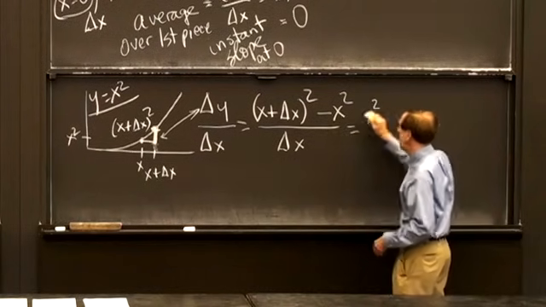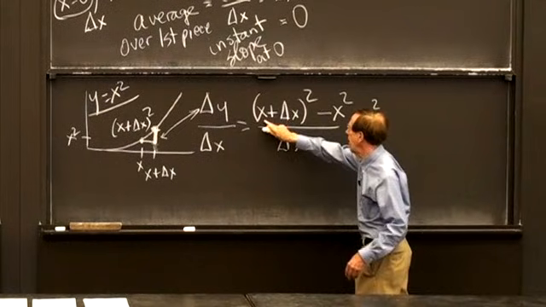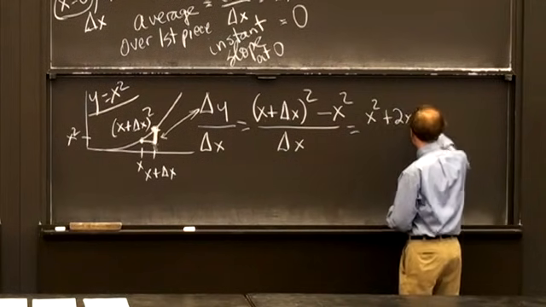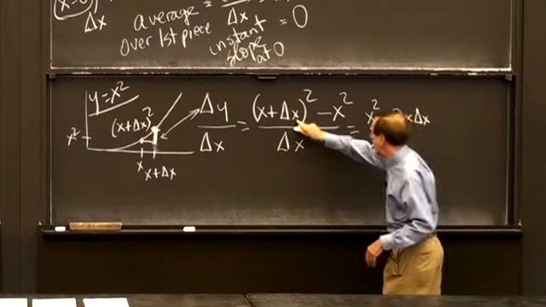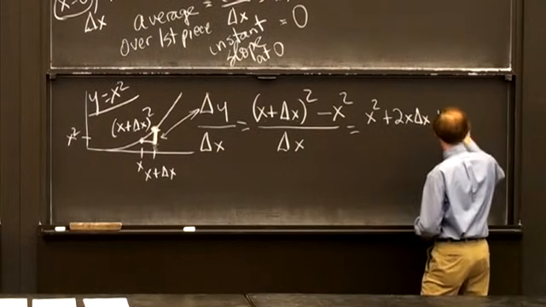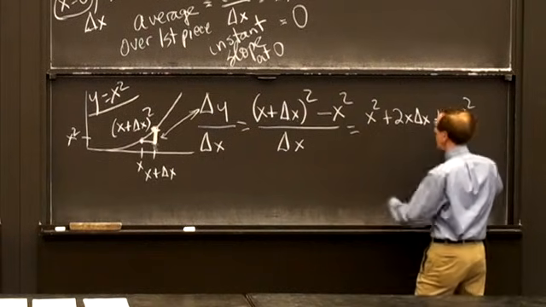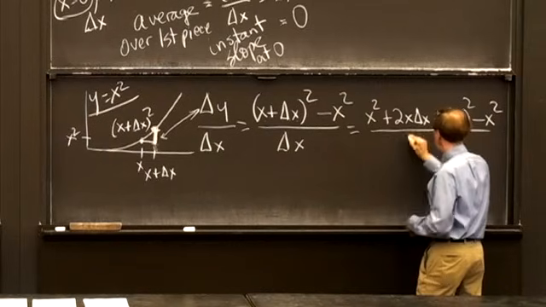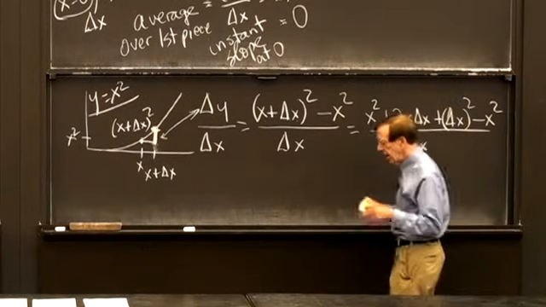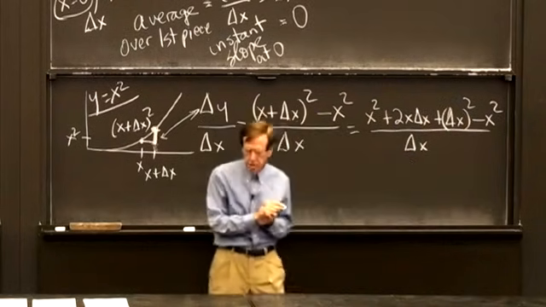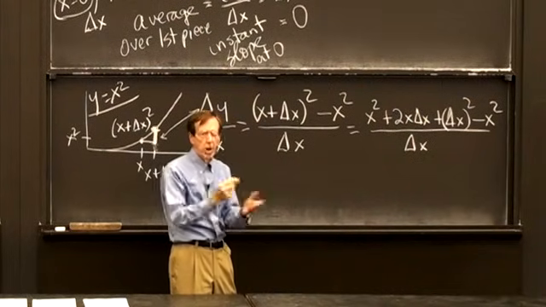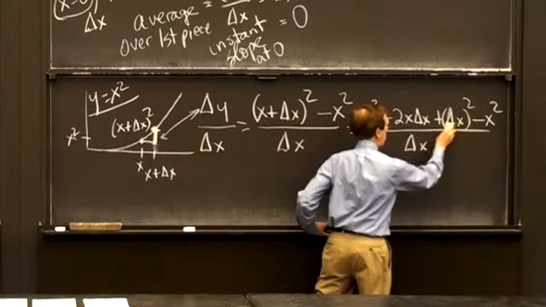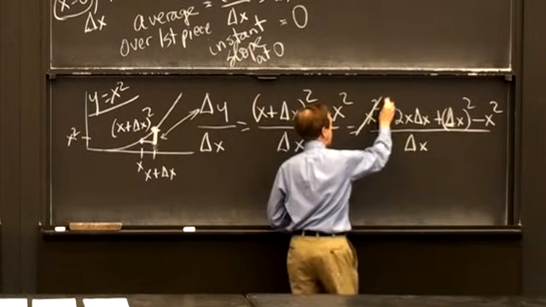I remember that x is squared, and then I have this times this twice, 2x delta x, and then I have delta x squared, and then I'm subtracting x squared. So that's delta y written out in full glory. I wrote it out because now I can simplify by canceling the x squared.